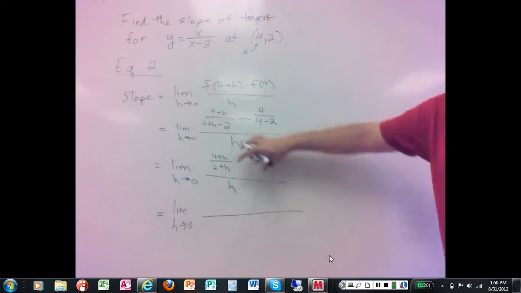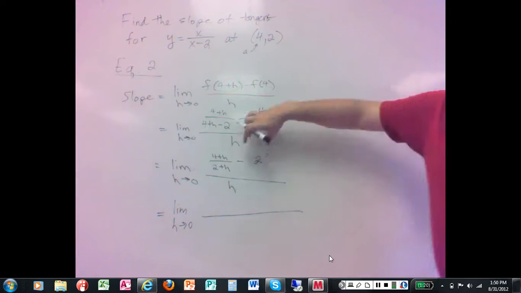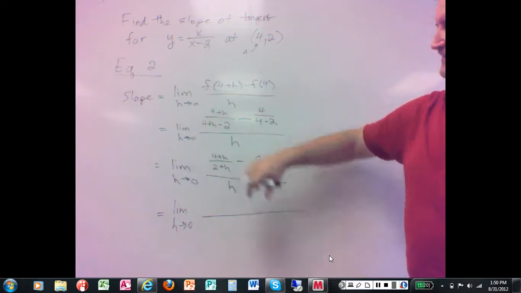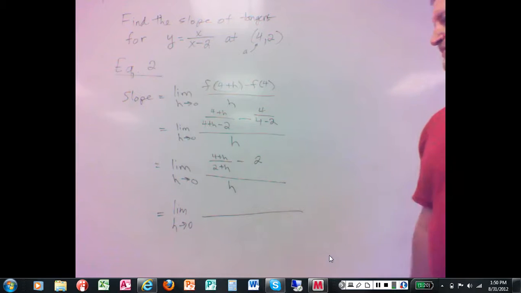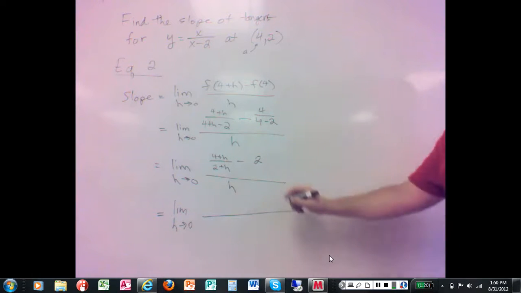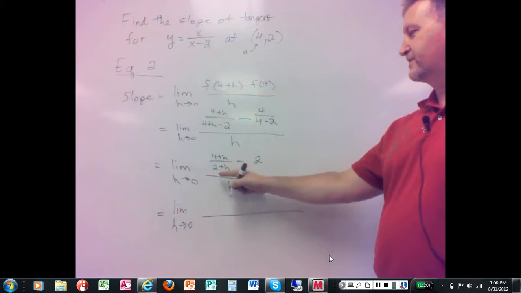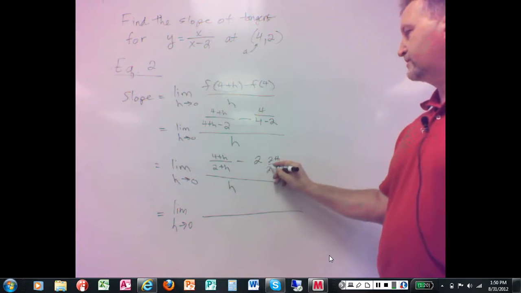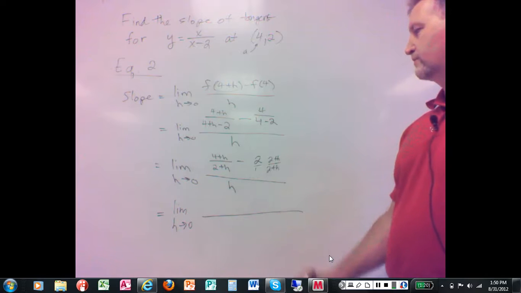So yeah, now I combine these fractions. Either way. If I combine these fractions, what would I have to do? Well, the only denominator up here is 2 plus h, so I need to multiply this one by 2 plus h over 2 plus h. That being 2 over 1.